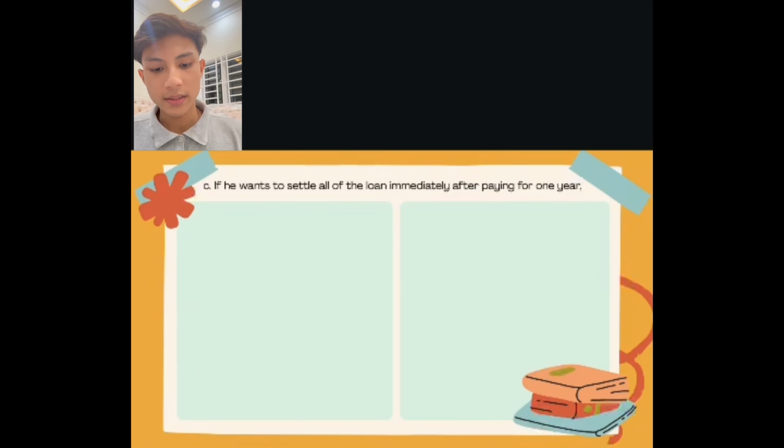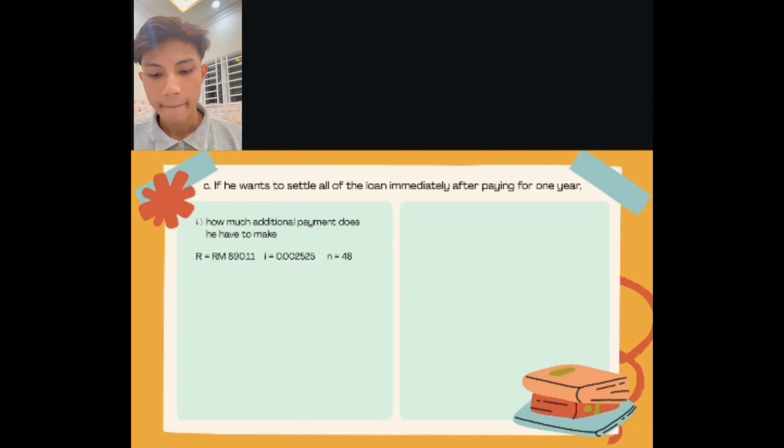Thank you. For part C, the question asks us to determine the additional payment needed if the loan is settled after 1 year and also the total interest paid. How much additional payment does he have to make? I use the present value of annuity formula, where R equals 890 ringgit and 11 cents, i equals 0.025, and N is equal to 48.